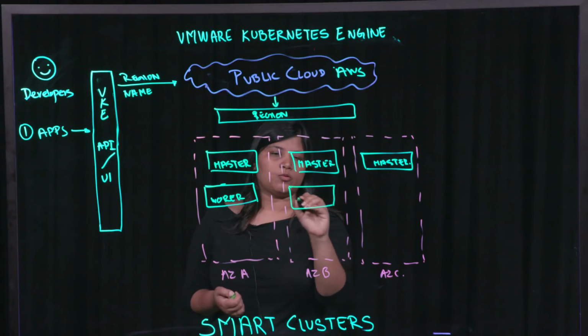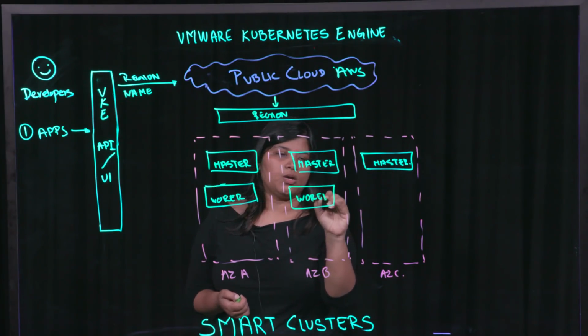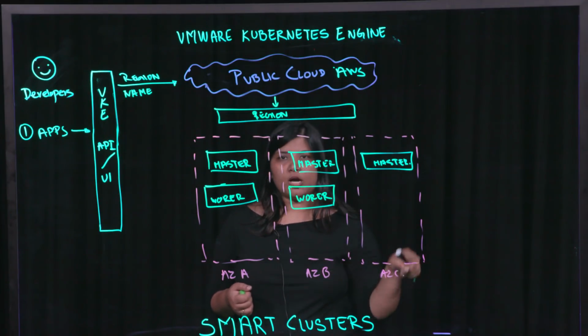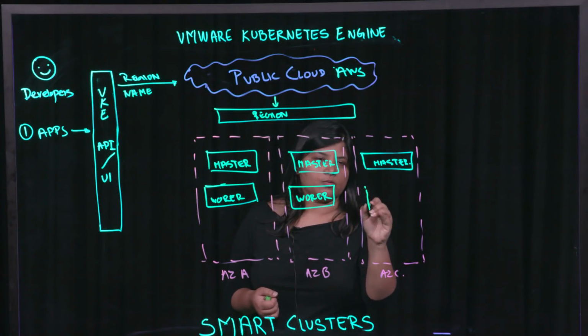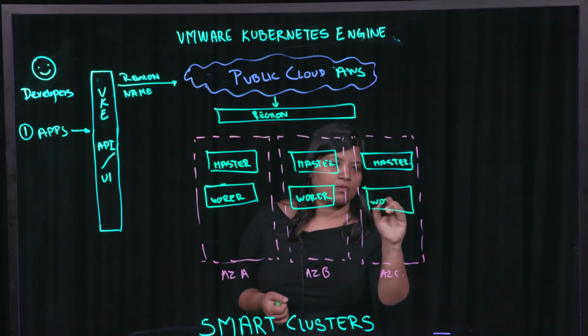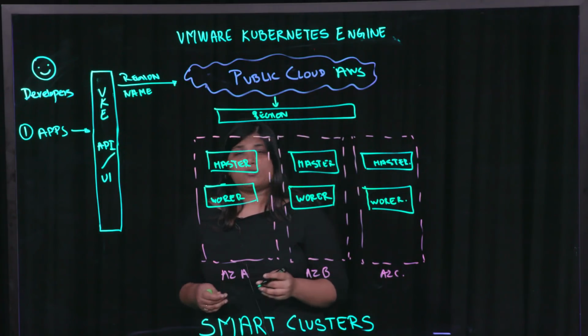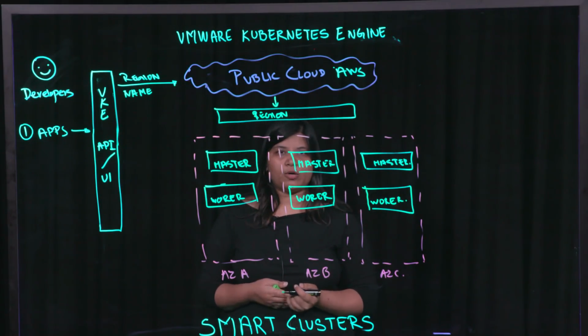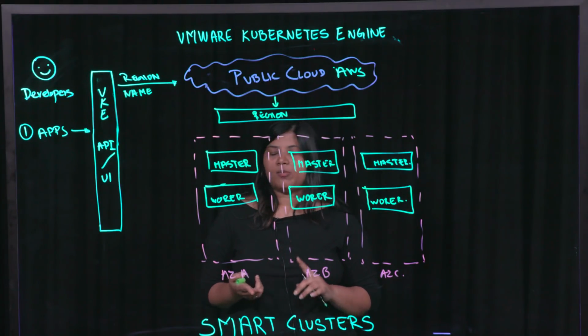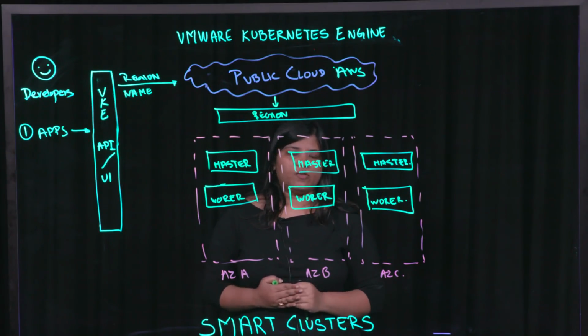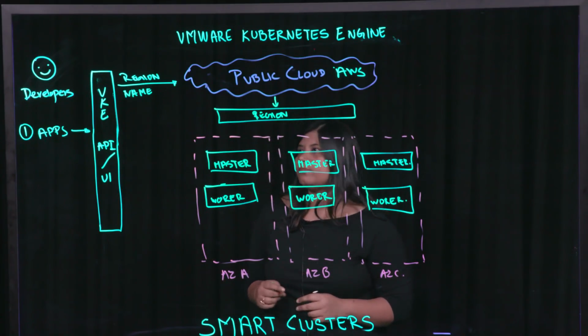VKE will automatically provision another worker node for you, and it will place the worker node in a different availability zone and go round robin in the placement of the worker nodes. So that way, application developers need not worry about the size of the cluster, what operating system do I need, how many worker nodes do I need, how many master nodes do I need, do I have high availability involved within the cluster that I'm deploying. All of that is taken care of.